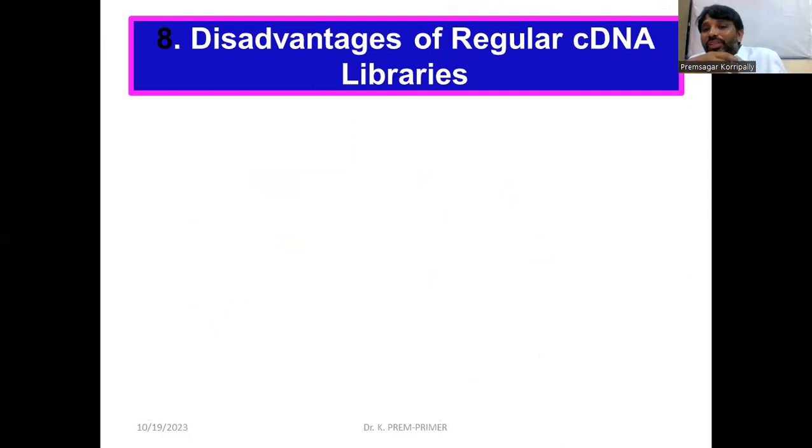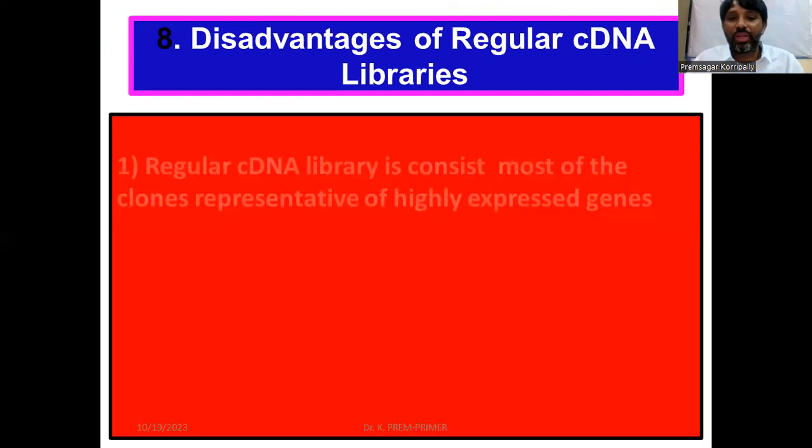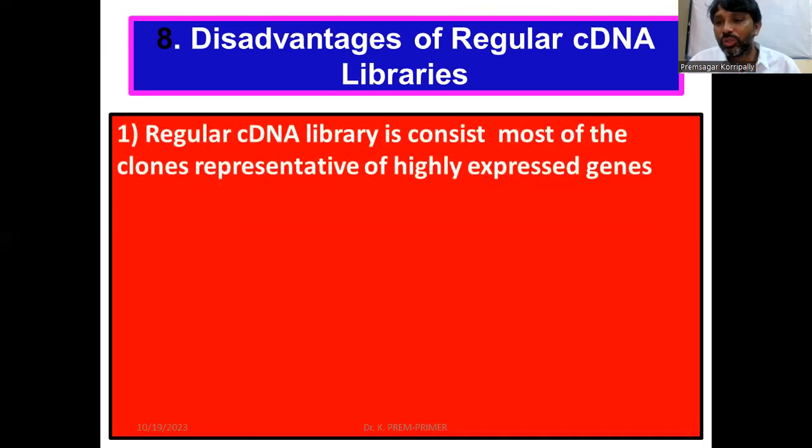Now, what are the disadvantages of a regular cDNA library? The main disadvantage is that, as I told you, highly expressed genes are more represented in the regular or normal cDNA library. Highly expressed genes will be there, moderately expressed genes will be there, and poorly expressed genes are there.